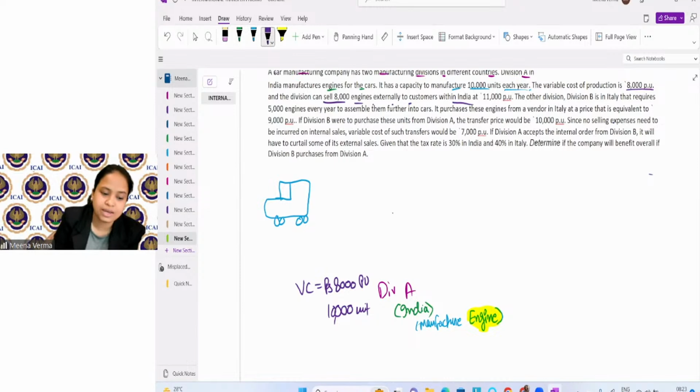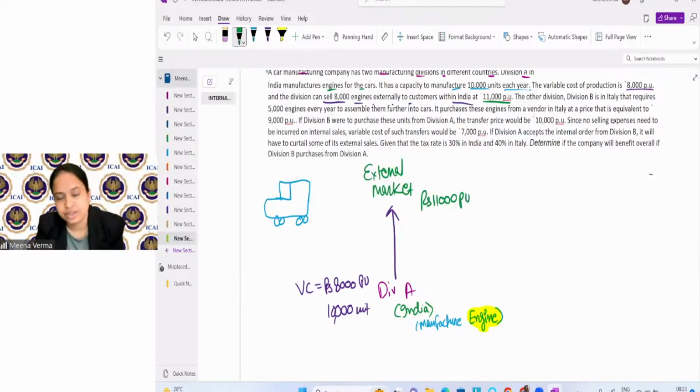Here they have the option to sell it externally. At what price? At rupees 11,000 per unit.